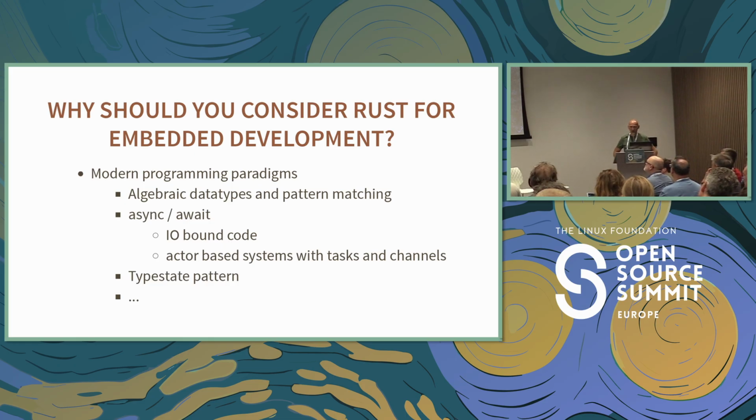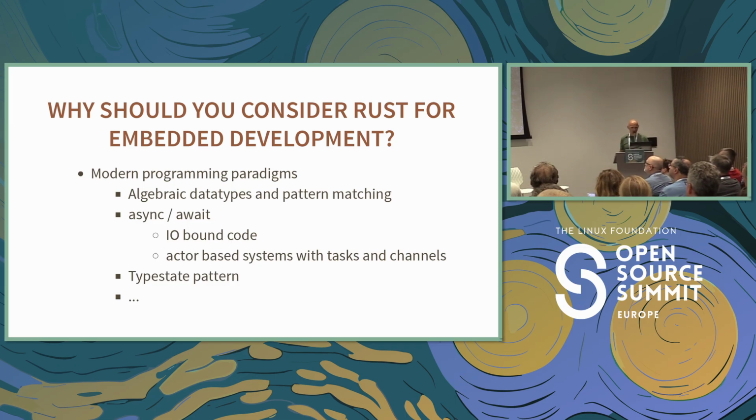And you can have a lot of async tasks compared to OS threads, especially on embedded systems again. But you can also design your application in a different way. You can have an actor-based system where you have tasks as actors, and you communicate between the tasks through channels. So again, you have a thread-safe way by not sharing state, but communicating with messages.